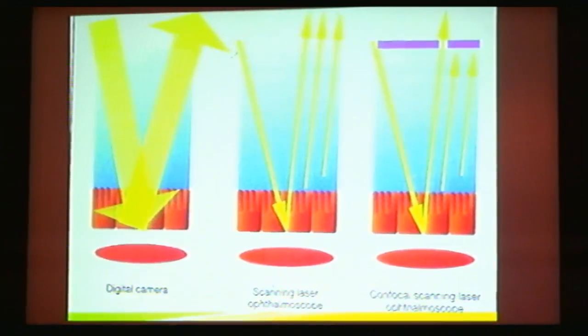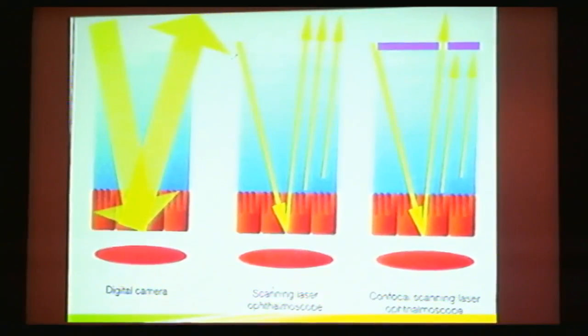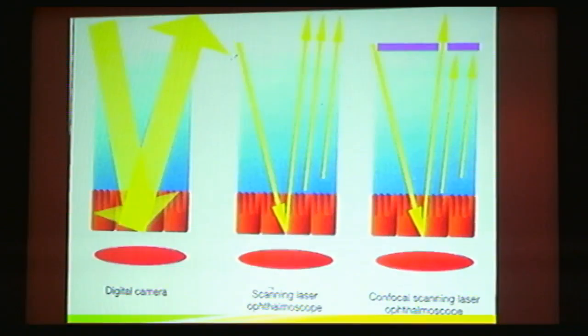Currently there are 3 types of fluorescein and ICG angiography machines available. All of them are based on a digital camera. One is based on regular infrared light and reflection. The other 2 are based on scanning laser ophthalmoscope and confocal scanning laser ophthalmoscope, which use a laser beam instead of a regular beam, and the confocality gives much more definition of the structures in a particular focal plane.